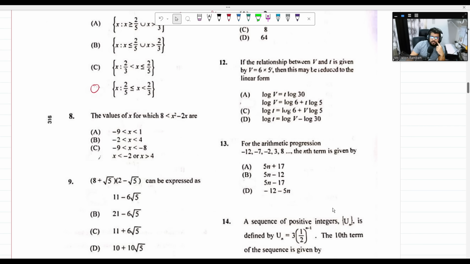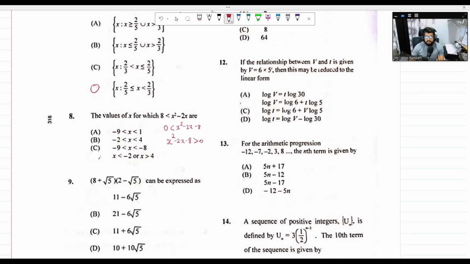The values of x for which 8 is less than x squared minus 2x are, alright, another simple inequality to solve. I'm going to throw the 8 on that side: 0 is less than x squared minus 2x minus 8. When I interchange both sides of the inequality, the sign changes as well. x squared minus 2x minus 8 is going to be greater than 0.